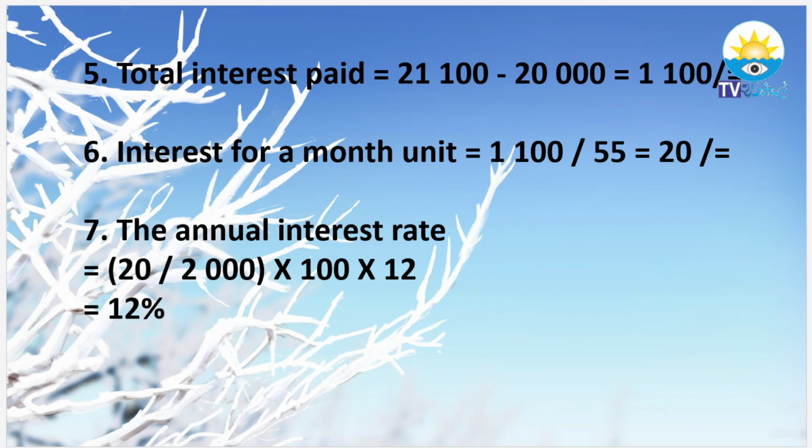The loan without interest is the denominator. Multiply that fraction by 100 to convert it into a percentage. You can multiply that again by 12, because there are 12 months in the year. Then you can obtain the final answer, 12%.